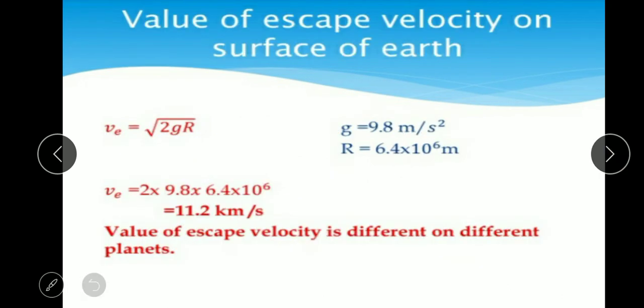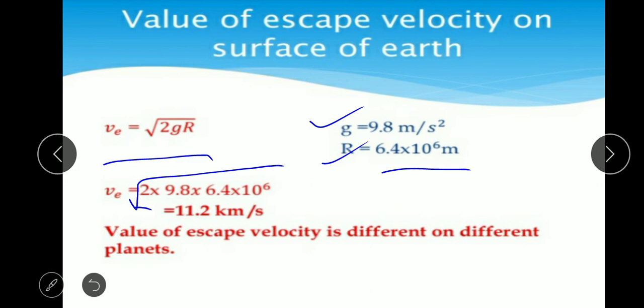Let's put the value of g and r. We got v is equal to under root 2gr, students. We'll put the value of g as 9.8 and the radius of earth as 6.4 into 10 raised to 6. Here the under root sign should be there. It may be a printing mistake or something, that's why the root sign is not there, but it should be there.